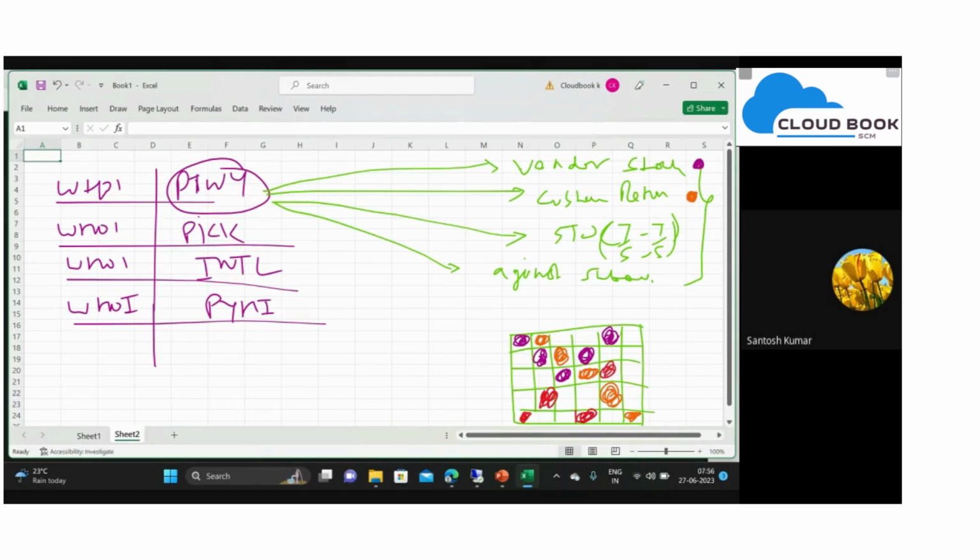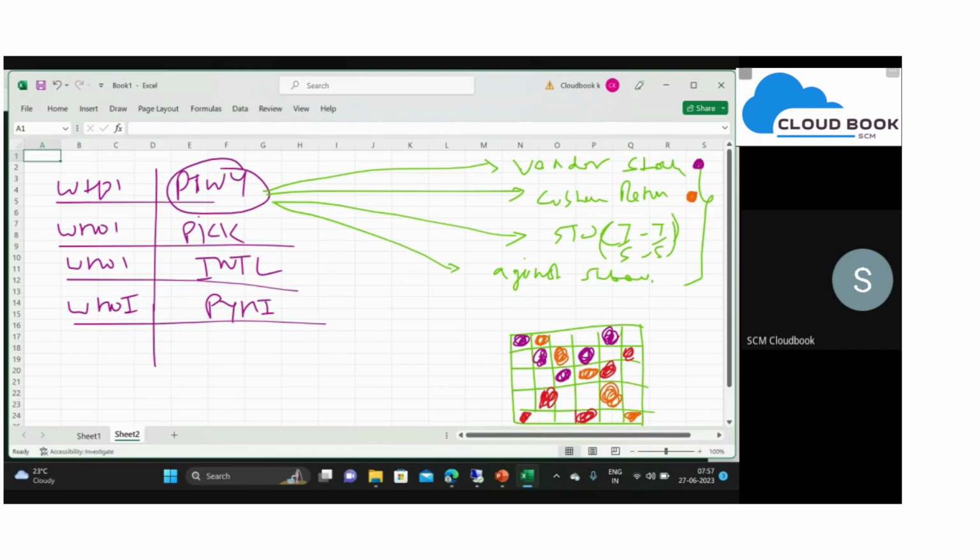Nitin, what does STO mean? It is stock transfer order. You are basically transferring the material from one plant to another. You have different plants across India or across your region, and you are getting short of any materials.